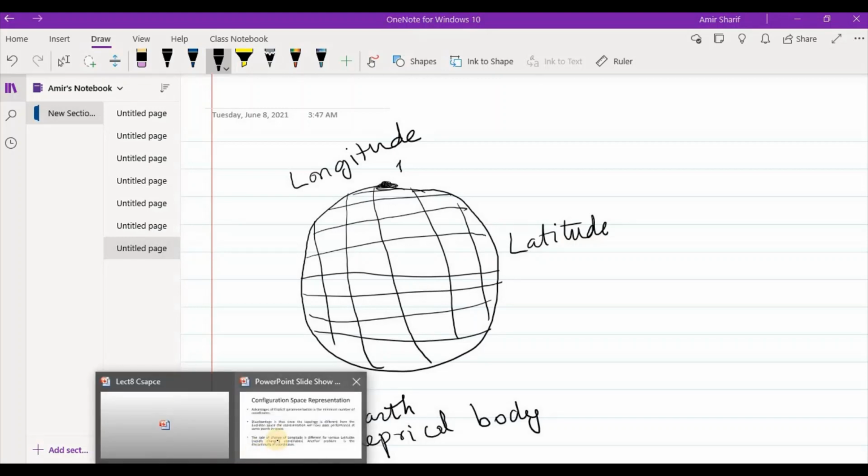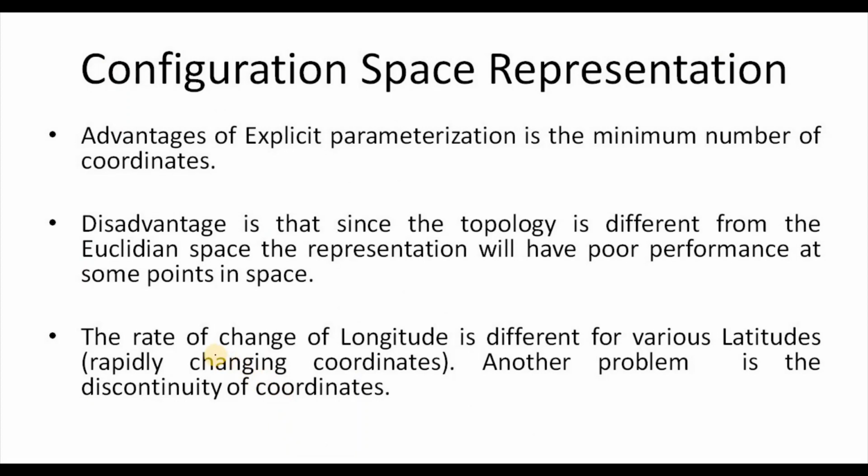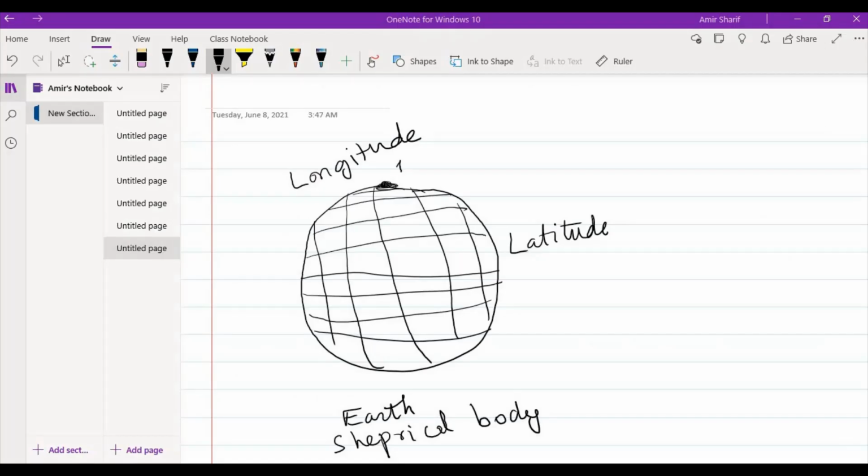And one more problem is that the rate of change of longitude is different for various latitudes, giving rapidly changing coordinates. Another problem is the discontinuity of coordinates. So we have more problems in that the rate of change of the coordinates is different. It's not like what we experience in the Euclidean configuration space. And also there are some discontinuities which are not present in the Euclidean workspaces.